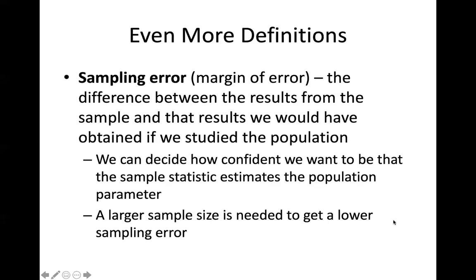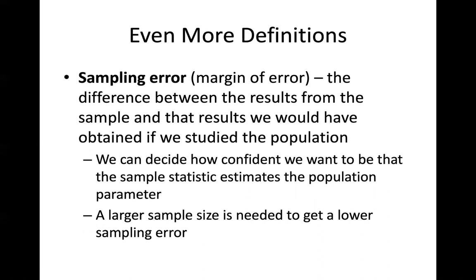Now, sampling error is the difference that exists between the sample and what we would have obtained if we'd studied the entire population. And sampling error is what we want to minimize. So we want to use a sampling procedure that's going to help us best reflect the population.